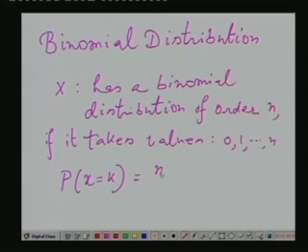This is n c k p to the power k q to the power n minus k. Okay. One thing you see, where of course p plus q is equal to 1.